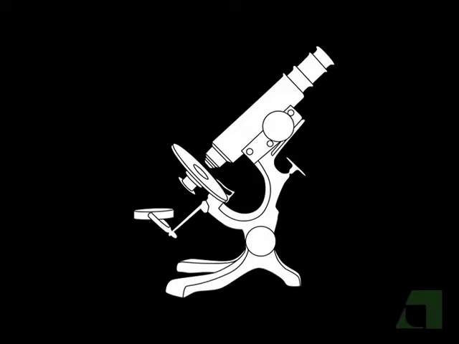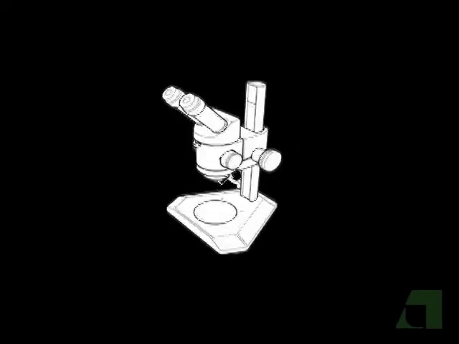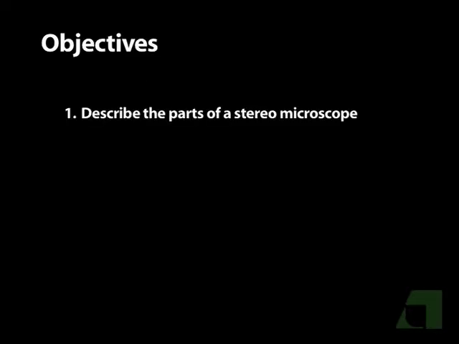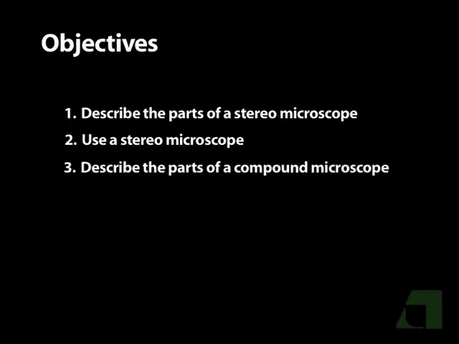Over the last 4 centuries, many improvements have been made to light microscopes, but the main principles have remained the same. The general objectives of this video are to help students: 1. Identify and describe the functions of the basic parts of a stereoscopic microscope, or, as it is usually abbreviated, a stereomicroscope. 2. Set up, adjust, and use a stereomicroscope. 3.